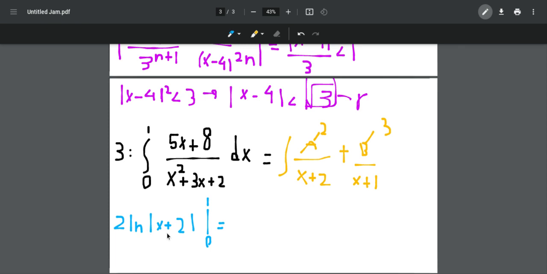Natural log of 1 plus 2 is natural log of 3, and natural log of 0 plus 2 is natural log of 2. We can use a log property that natural log of n minus natural log of m is natural log of n over m. So this is the same as 2 times natural log of 3 over 2, and we can raise the 2 to simplify it. So I'm going to write it as natural log of 9 over 4.